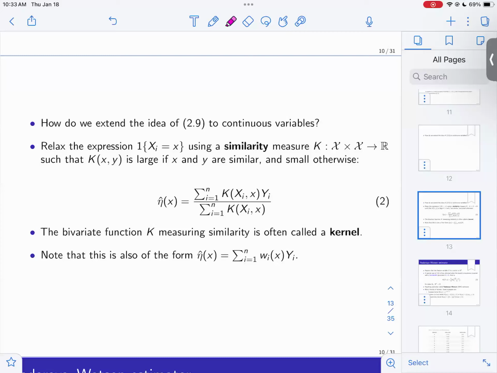We can add more constraints on it than this, but generally it's something that measures similarity. Someone else said that the kernel is something that a mathematician used K to denote. Okay, that's it. So it's usually a bivariate function that measures similarity.